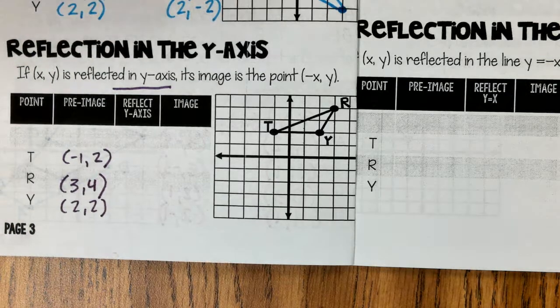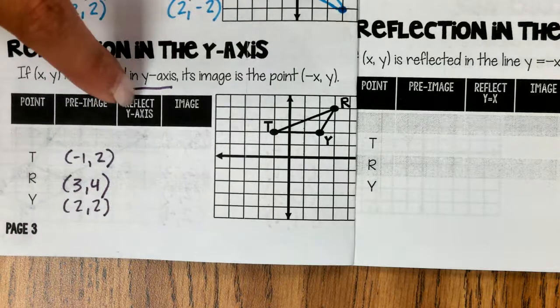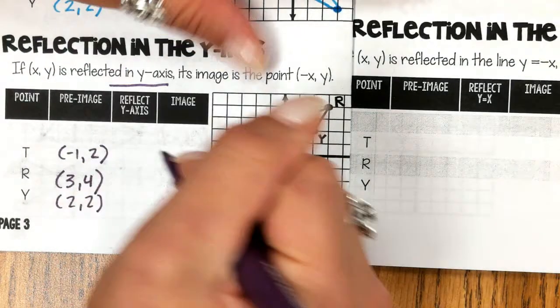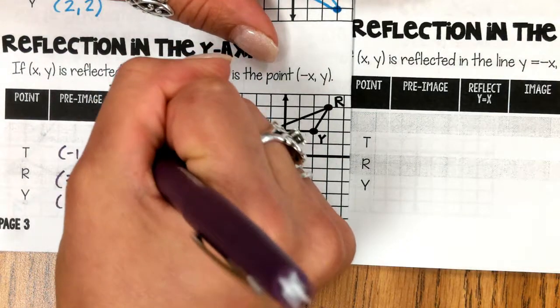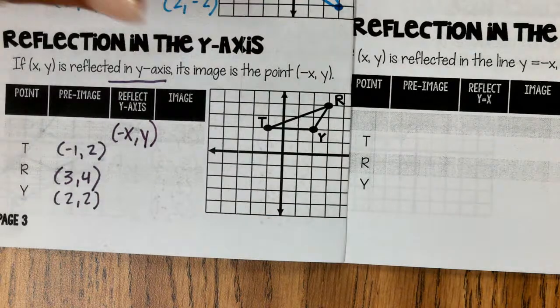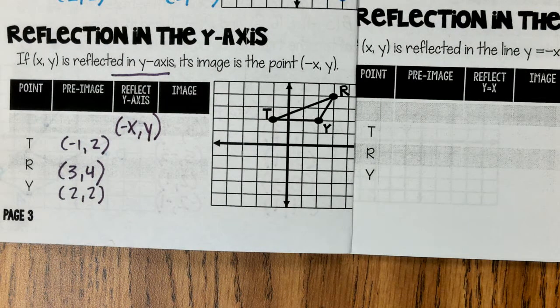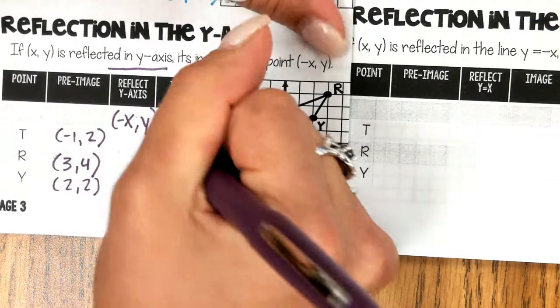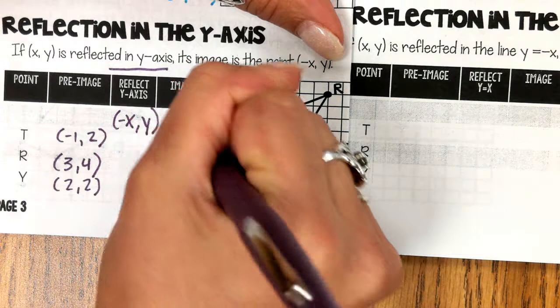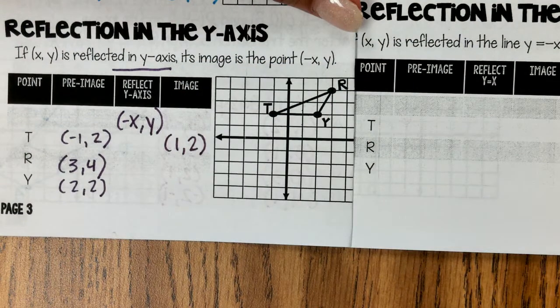All right, so this is what I'm going to write under this second column. The x is now going to be flipped and the y is going to stay the same. So what would be the inverse of -1? 1. Yes, and then the y stays the same, so 2 stays the same.